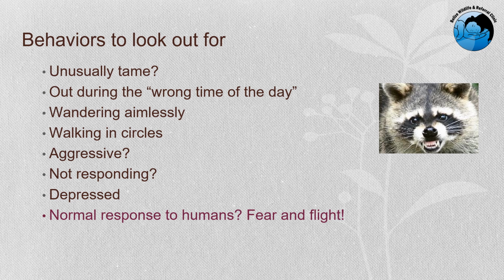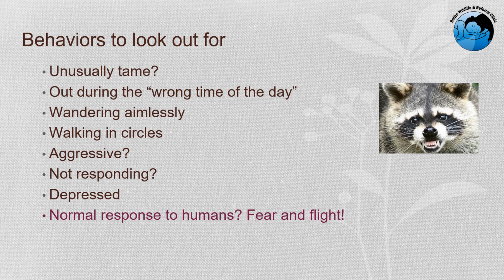So what to look out for in an animal is if it's unusually tame, if it's out during the wrong time of the day. If you find a bat during the day, it's usually not normal. If it's wandering aimlessly, not going anywhere or walking in circles, that may point to neurological signs, and that would point fingers to rabies, right?